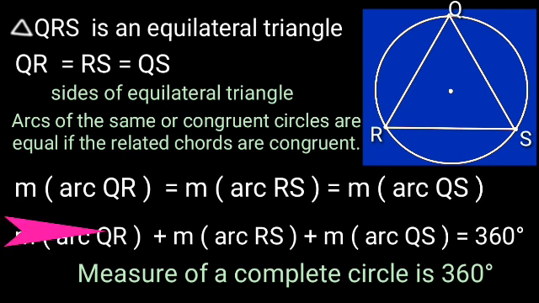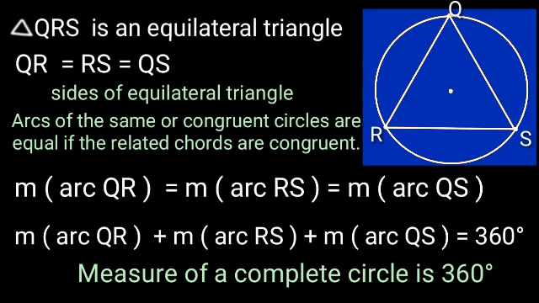Addition of these three arcs, that is measure of arc QR plus measure of arc RS plus measure of arc QS, is equal to 360 degrees.